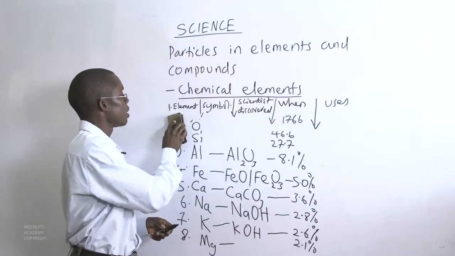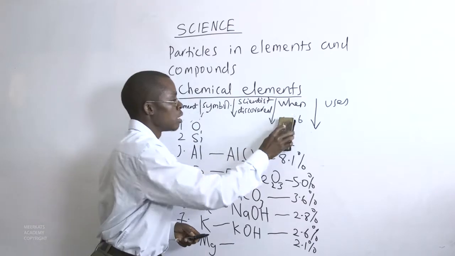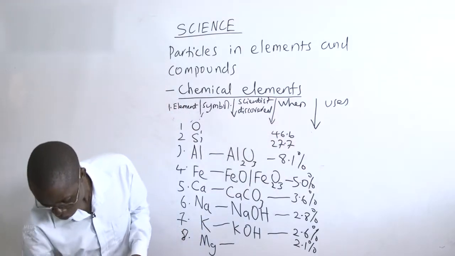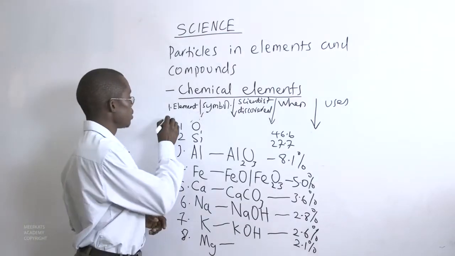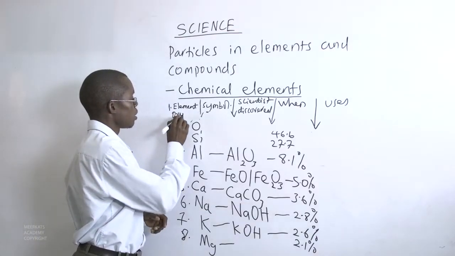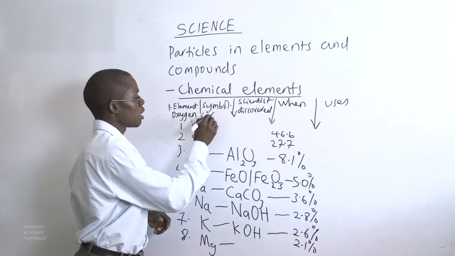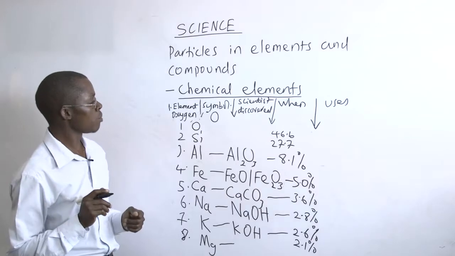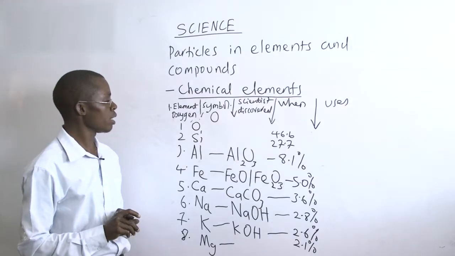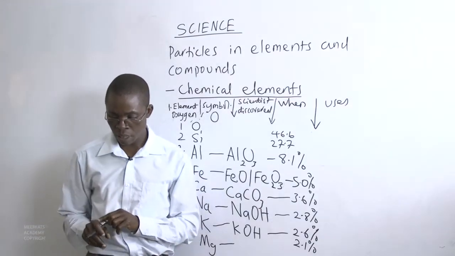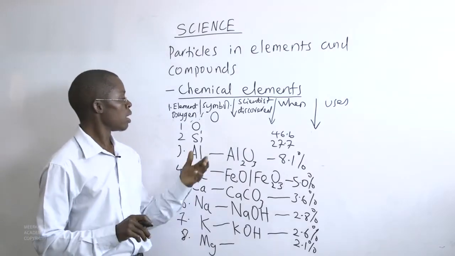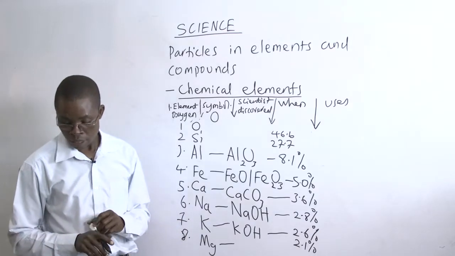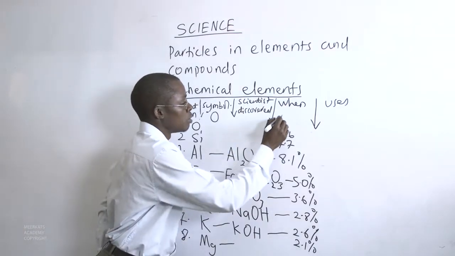You cannot mention hydrogen and fail to mention oxygen, because these two elements are like twins. So the second one is oxygen, which is written as capital letter O. It was discovered by a scientist by the name Carl Scheele. Carl Scheele did this work of identifying this element as oxygen in 1772.